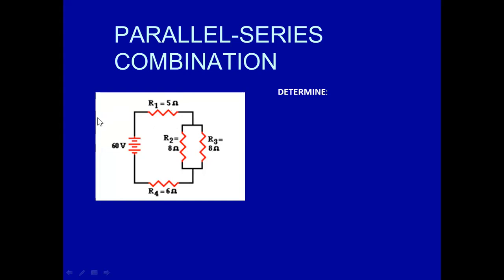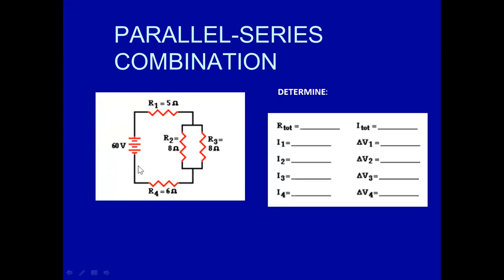We are given with the total voltage as 60 volts. So we're going to determine now the following: your total resistance, your total current, your individual currents as I1, 2, 3, 4, and individual voltages from points 1 to 4.